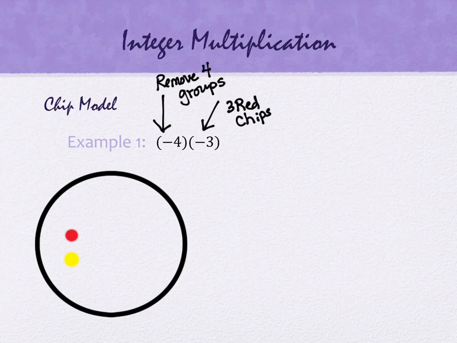So I need to put into this lots of 0 pairs, enough that I can remove 4 groups of 3 red chips. All right, so if I put these in pairs, there's 3 red chips. I should probably be a little bit more orderly in how I'm putting these in so that I can delete them easier later.